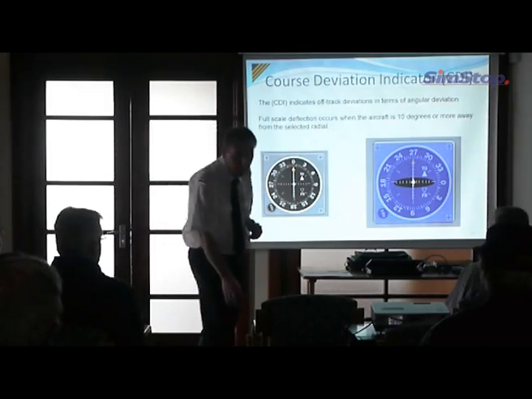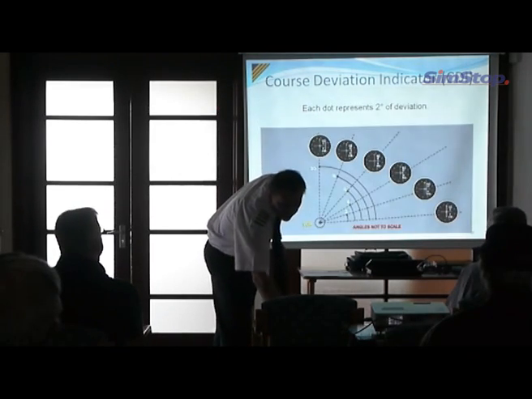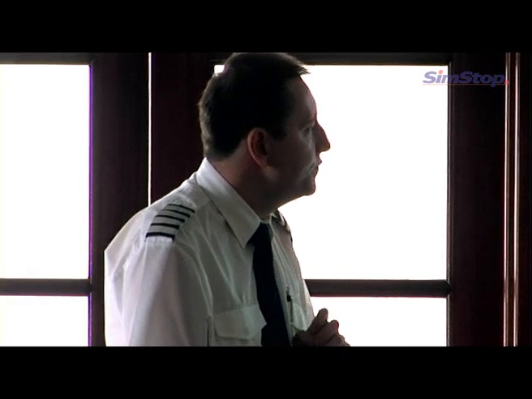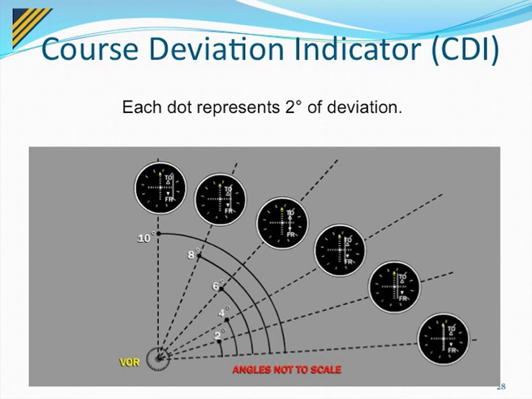The further away you fly from the VOR, the more the radials spread out. Therefore, you can take bigger heading changes for the same deflection. So this is an expanded scale. Angles aren't to scale. Just gives you some idea of the course deviation indicator.